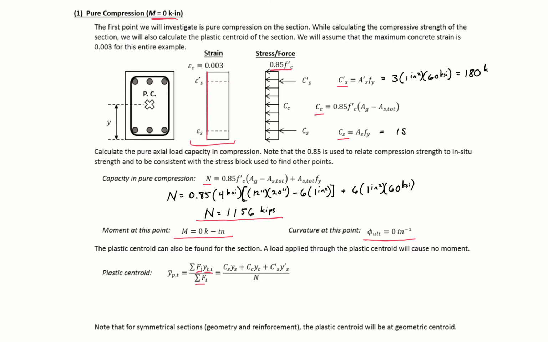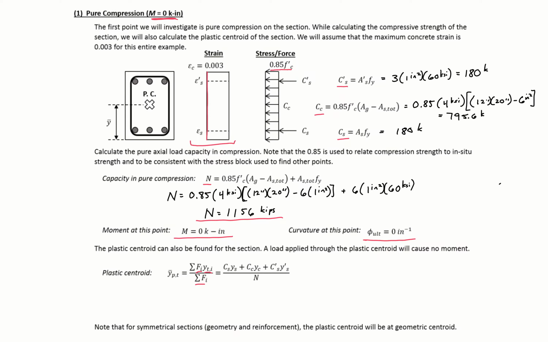And then we would have 0.85 times 4 ksi times our 12 times 20 minus our area of steel, which would give us a force component here of 795.6 kips.